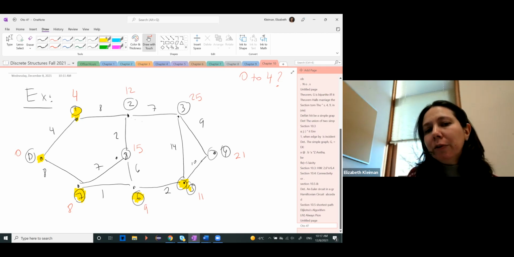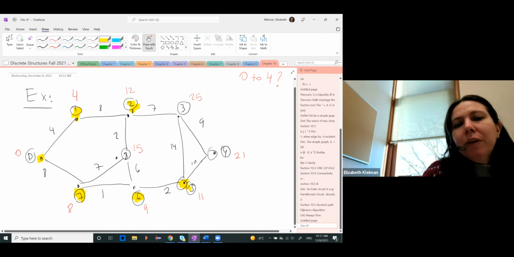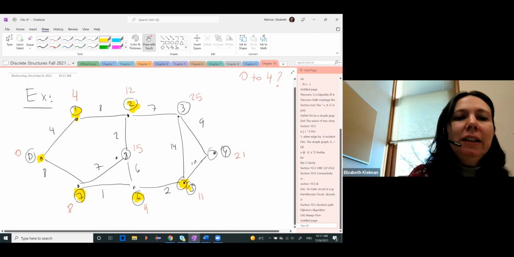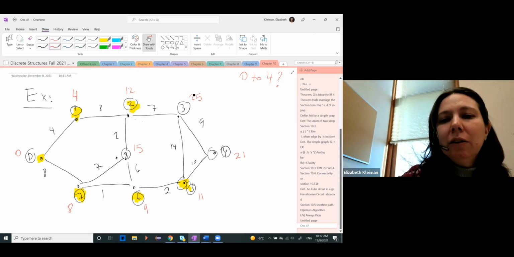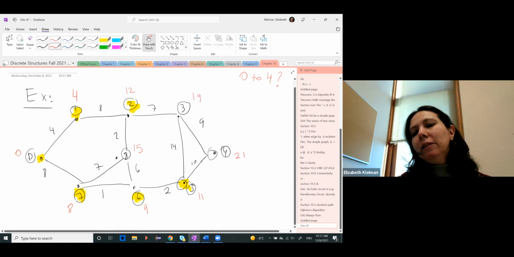Node 2 or node 3? 12 or 25? 2. So from 2, I can get 12 plus 7, which is 19, to get to here, correct? So I can fix it to be 19, correct?